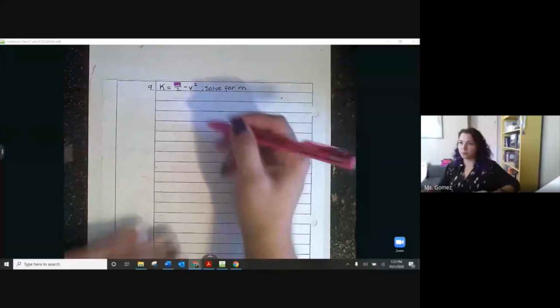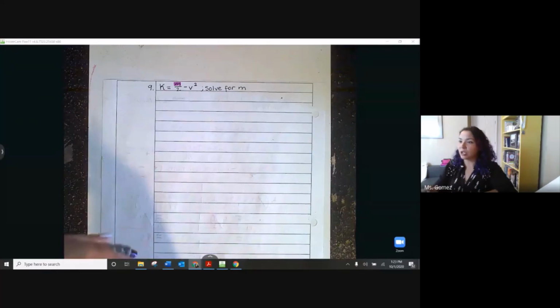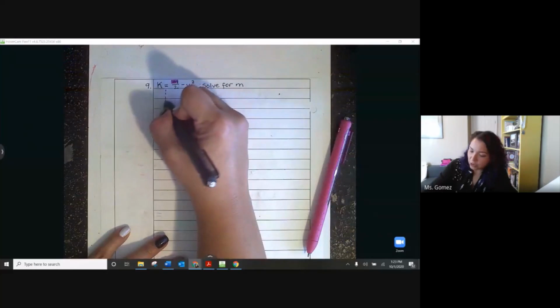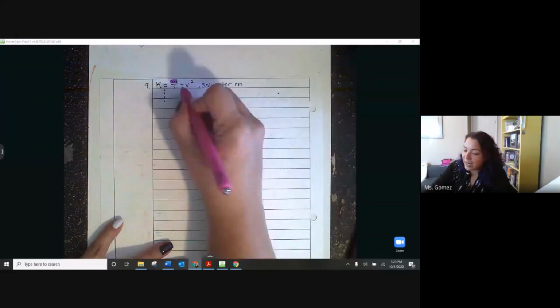So in this case, I would want to start on the outside, kind of like think of an ogre is like an onion. To get to the bottom of the ogre, you have to start peeling it away. So I want to start on the outside. Now, if I want to get to this m, that's the inside of my onion, the furthest away is actually this minus v squared.